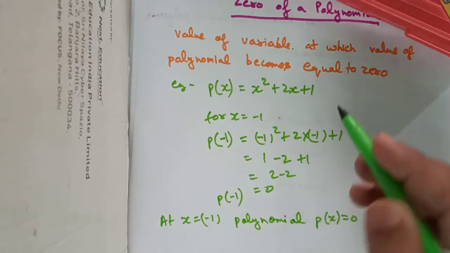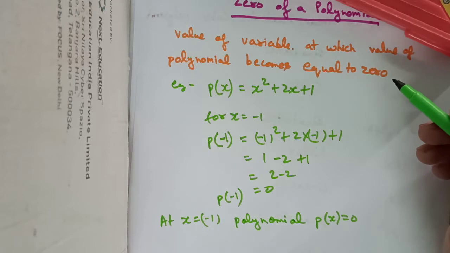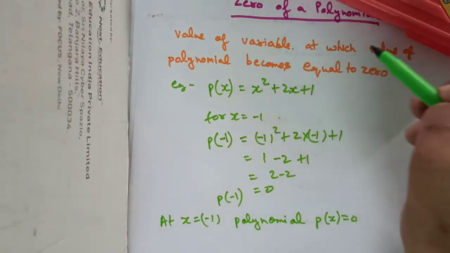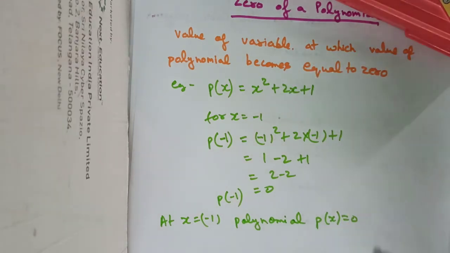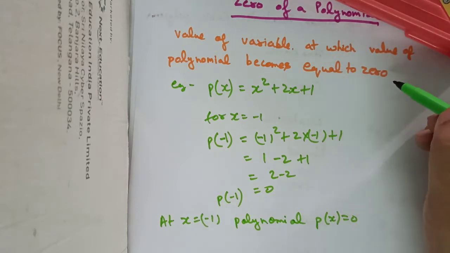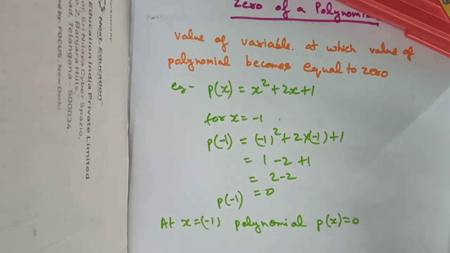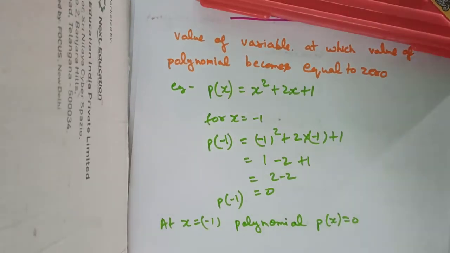That is what I have written in the definition of the zero of a polynomial. It is the value of the variable. Here the variable is x, so the value of the variable at which the value of the polynomial, that is p(x), becomes equal to 0. So what is that value here? The value here of the variable is minus 1. On substituting the value of the variable as minus 1, the value of the polynomial p(x) is becoming equal to 0.